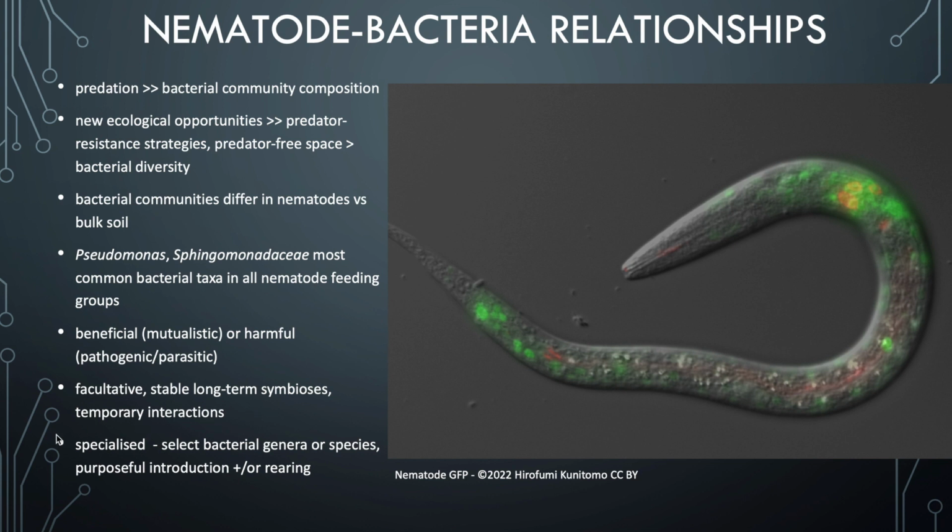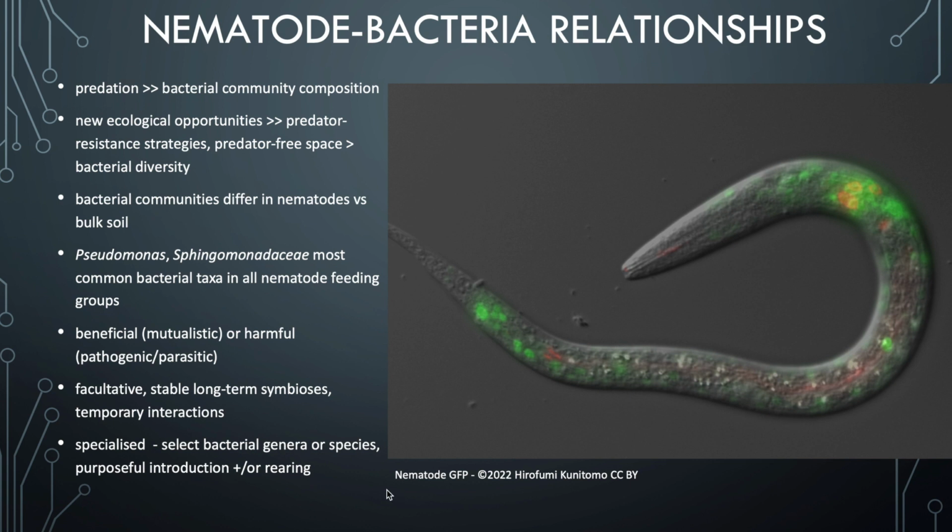Some of these relationships are extremely specialized, and the nematodes only select for specific bacterial genera or species. These bacteria are then purposefully introduced to other environments as the nematode moves into new environments, and sometimes the nematodes will actually cultivate these bacteria or rear them.